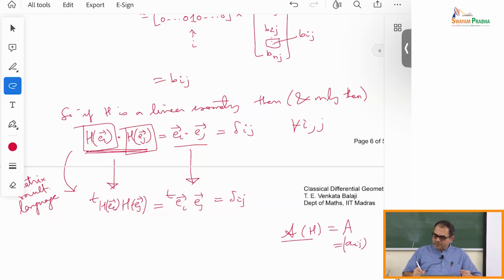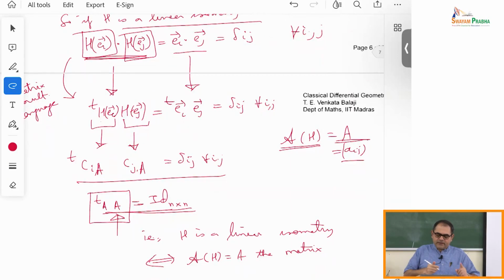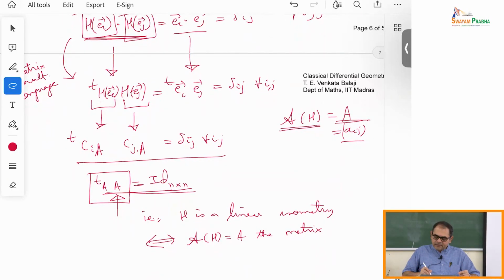You are saying the matrix associated to the transformation H is A. What is a matrix associated to a transformation? The columns are exactly the images of the standard basis. So you get this result, namely that H is a linear isometry if and only if the matrix associated to H is orthogonal. Okay.